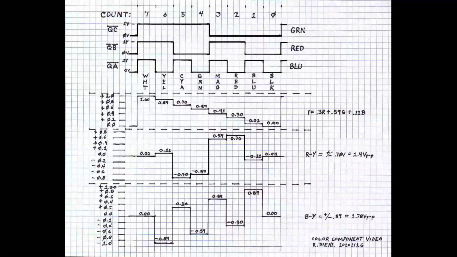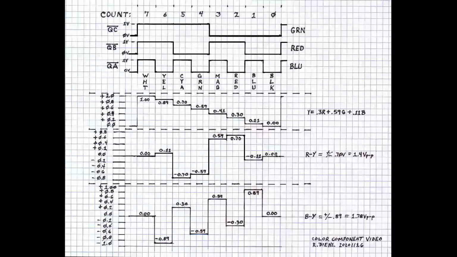We get our red signal back. The same applies to the B minus Y waveform on the bottom. We take it at the receiver, we separate it. We say B minus Y plus Y, and we get our blue signal back.